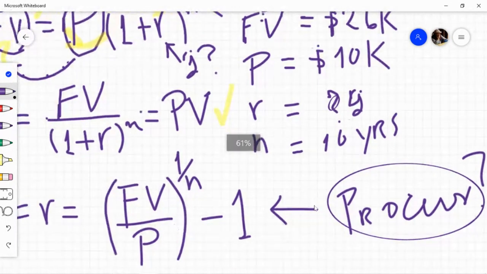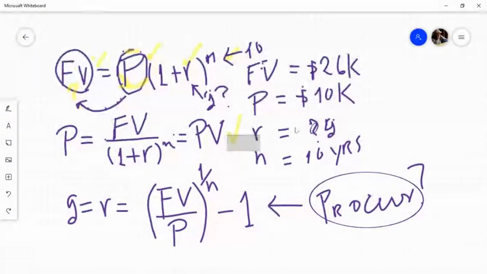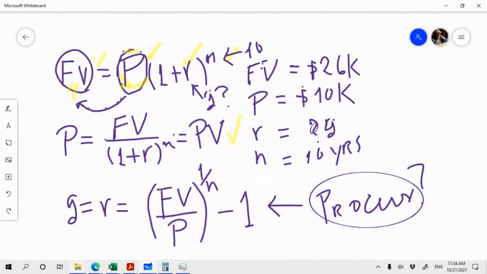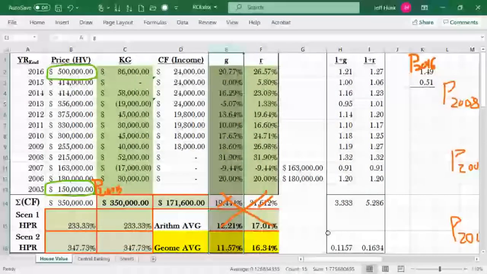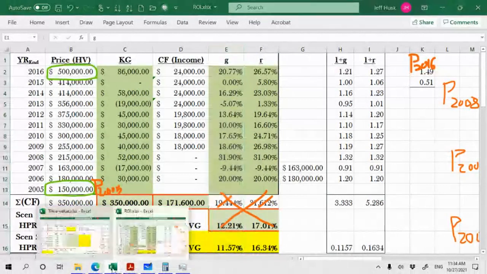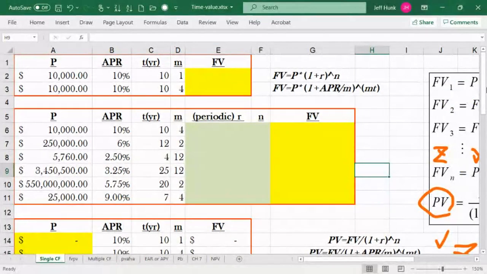Oh, but before doing that, let's see the time. Before going to that, let's do this Excel exercise. I want you to download this file.